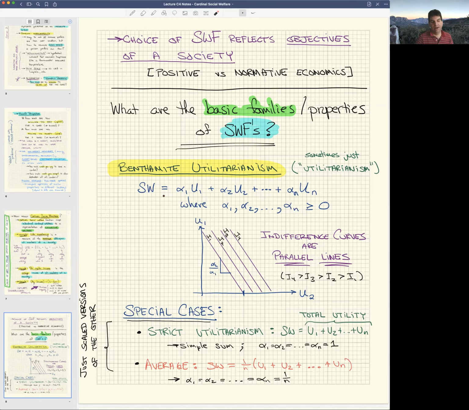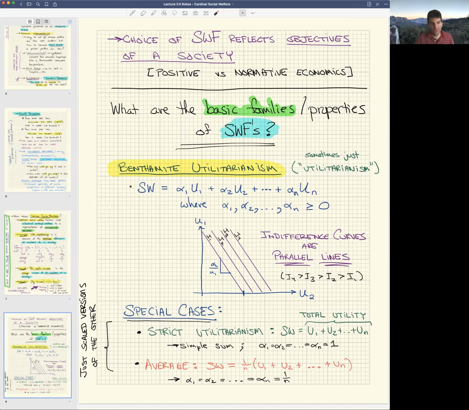So you can say that the alpha value is equal to 1 for this individual, but it might be equal to 50 for this individual. So we're saying that this individual's utility is somehow 50 times more important to us than this individual's utility.